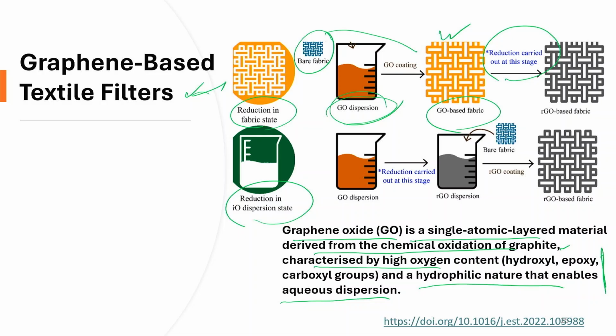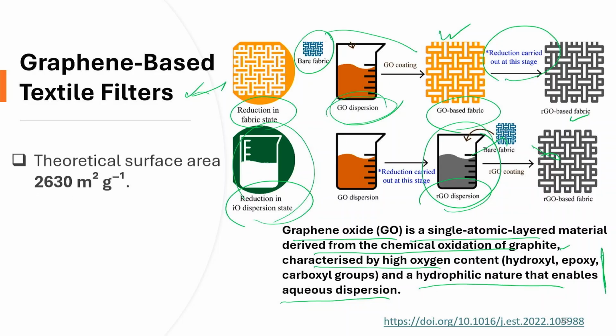Also, we can do the reduction first, and then coat the fabric. So, reduction of graphene is done initially, then this dispersion is coated on the fabric surface. So, both the processes are adopted.